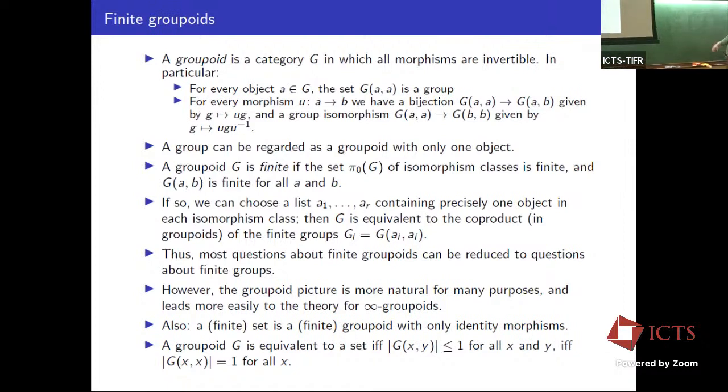That's what we mean by saying it's contractible. A groupoid is equivalent to a set if and only if every component is contractible. And to say every component is contractible is the same as saying that there's never more than one morphism between any two objects X and Y.